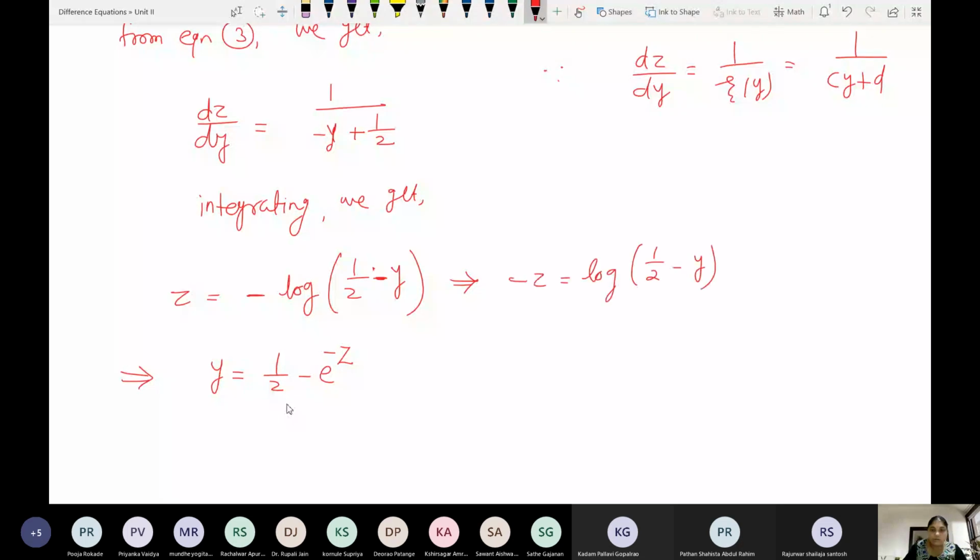Then take exponential on both sides, then you will get this one. Okay.